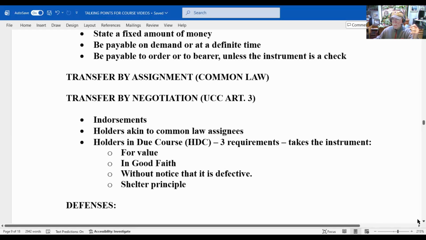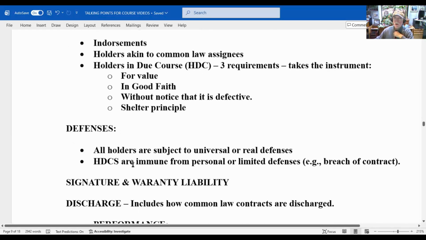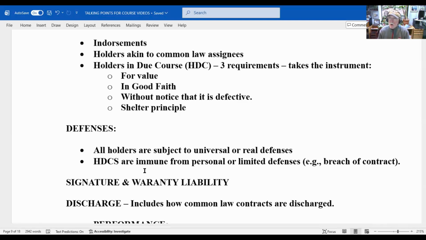And why is that important? Because holders in due course are immune from what are called personal or limited defenses, which means if a borrower defaults, let's say they claim there's a breach of contract by the original lender, a holder in due course is not going to be subject to that.